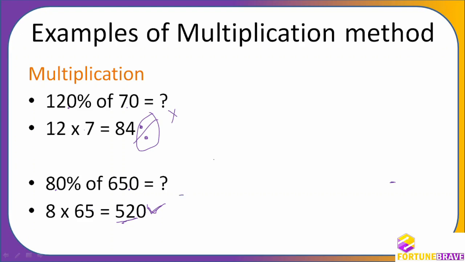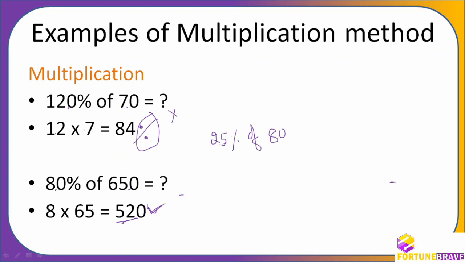Even if I go further, I am going to tell you one more thing. Say for example, you get a question of 25% of 80. So what are you going to do? We have different methods. If I see this, I am not going to use this method. I am going to use the fraction method.